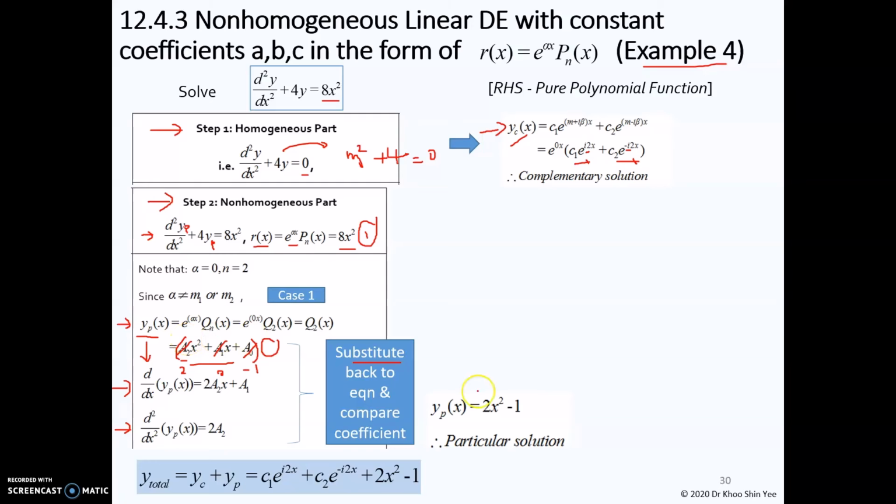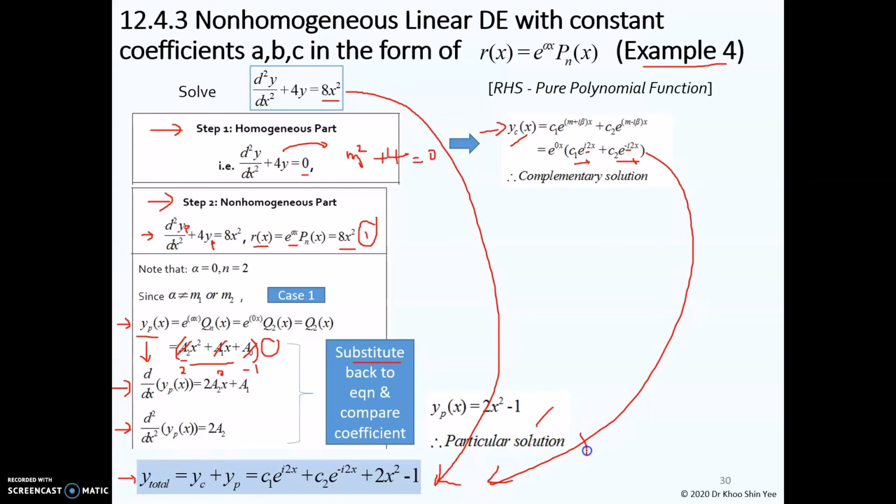So this is the solution for your YP. Lastly, the solution for the second order ODE: the total solution is equal to the complementary solution plus the particular solution. So you need to substitute the solutions that you obtained previously inside. Then this is the final solution.